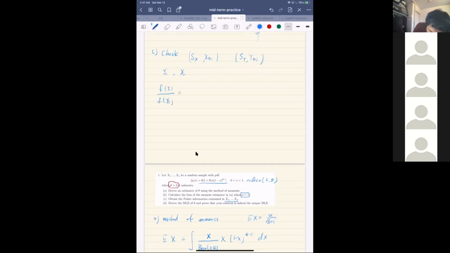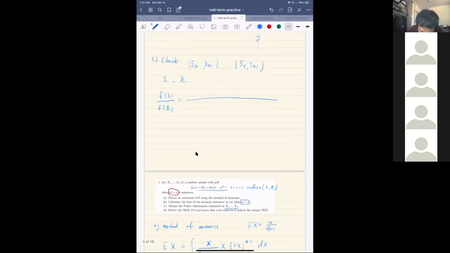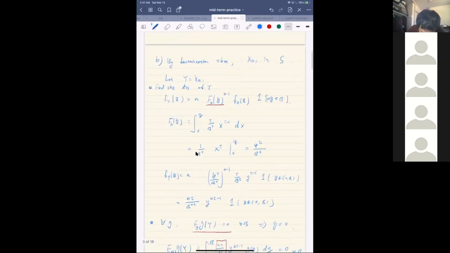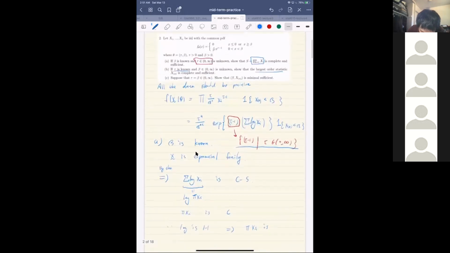So basically we can cancel almost everything. Okay, the ratio of these two, so we only have this term.